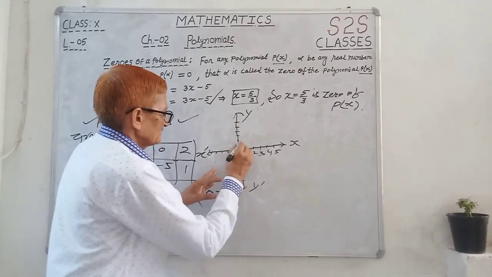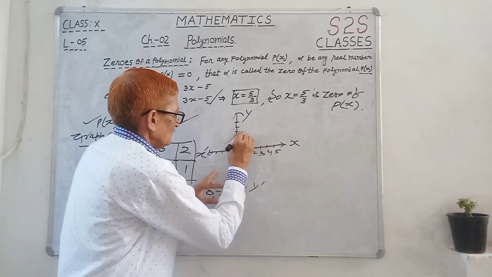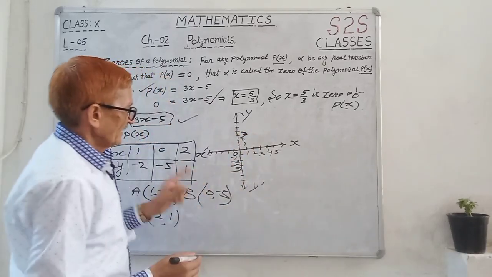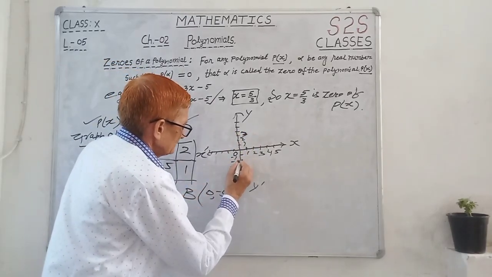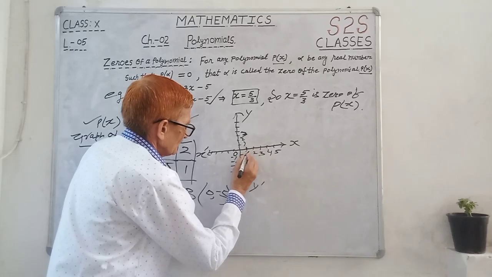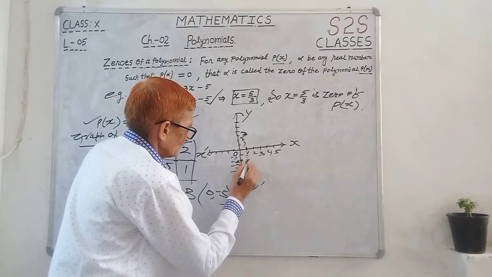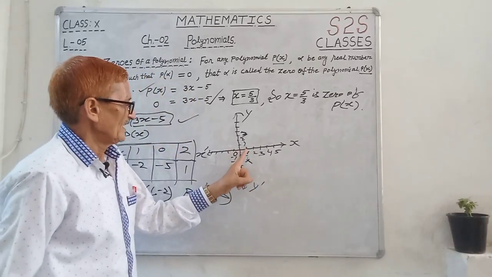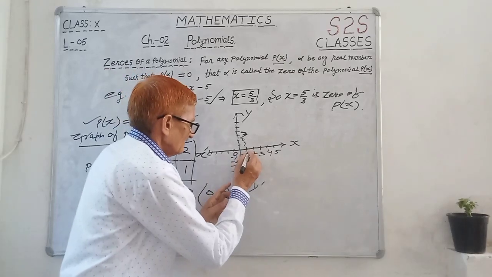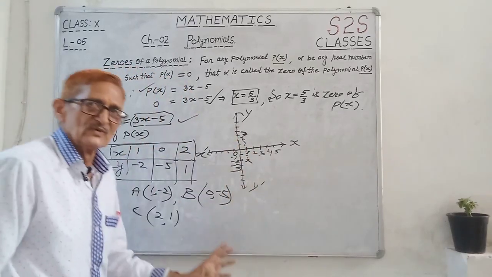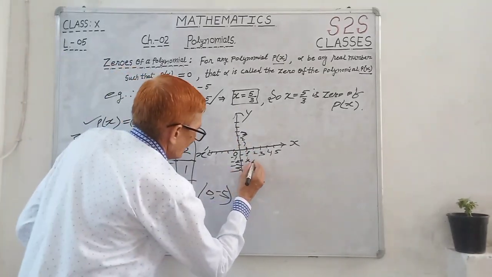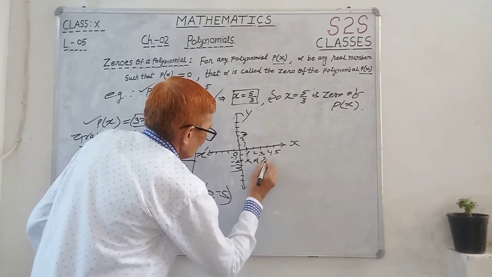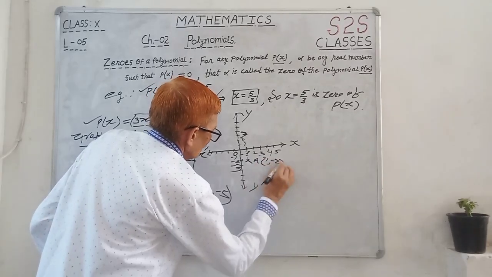Upward is 1, 2, 3. So minus 2 is here. First go to x coordinate 1, and from that point go to the y coordinate. This is your final point A, 1 comma minus 2.